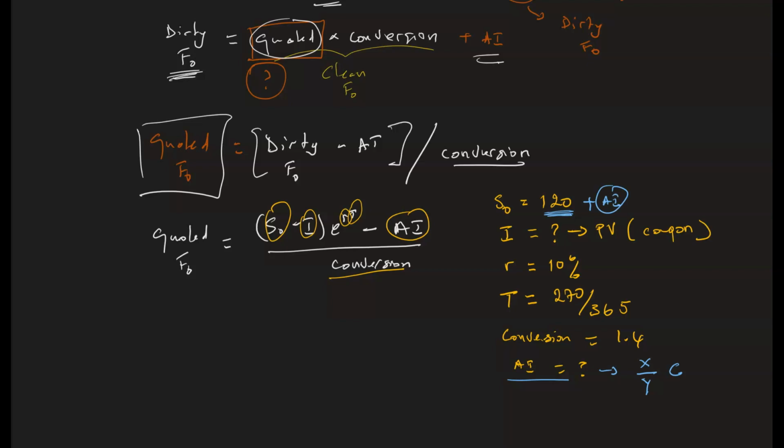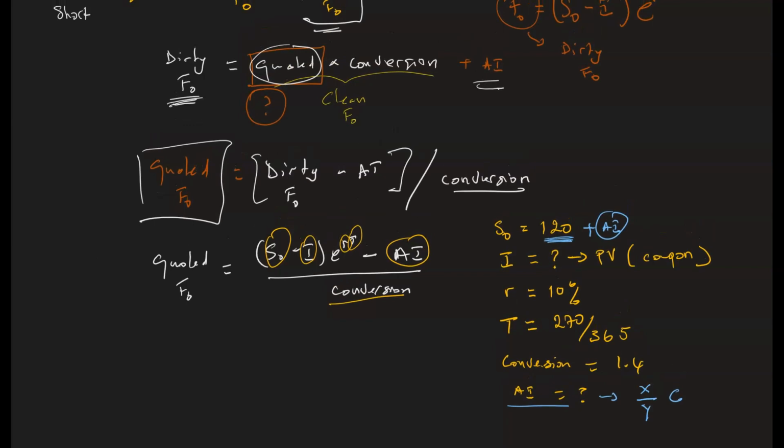So S0 there is going to be just like a dirty price. We're going to have a dirty S0, which is going to be equal to the clean S0 plus accrued interest. To find our dirty spot price, we need to use the clean spot price, which is the 120 here, to which we're going to add any accrued interest if those exist. And that's essentially the goal.